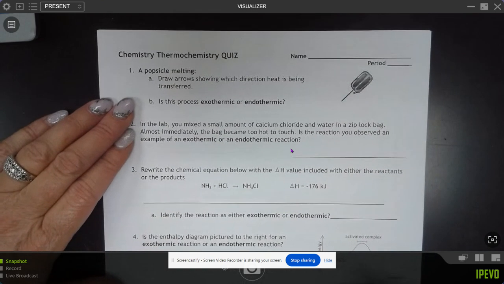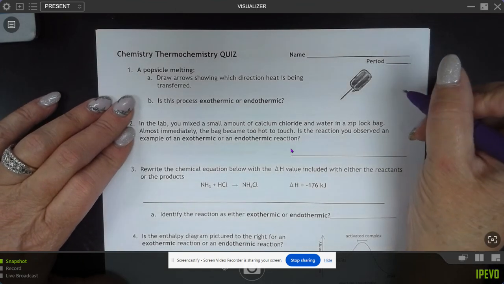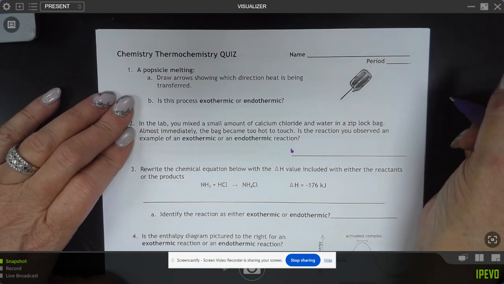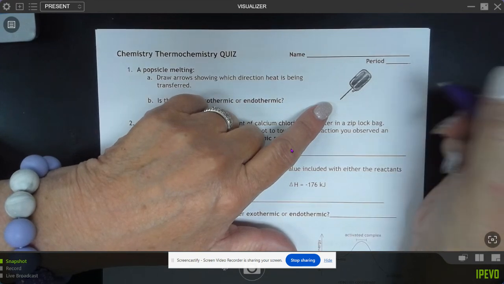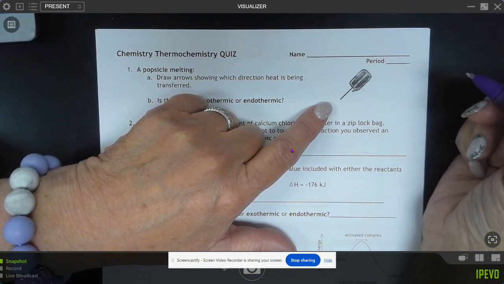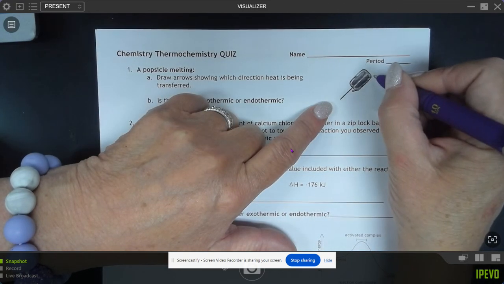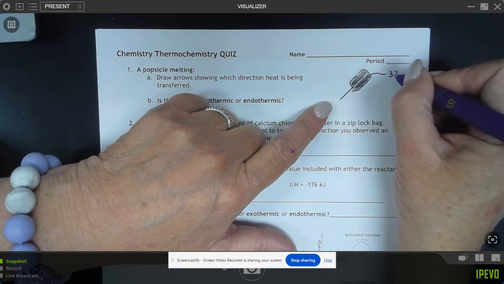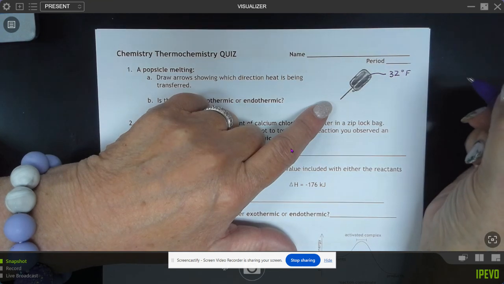Okay. So starting with the popsicle, what you need to remember here is that heat flows from the warmer object to the colder object. The way that I always think about this is, and we'll use degrees Fahrenheit since that's what we're familiar with, if I take this popsicle out of the freezer and it's frozen, it's going to be 32 degrees Fahrenheit at the highest.